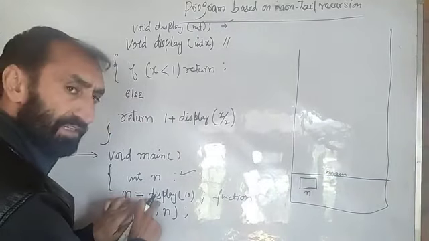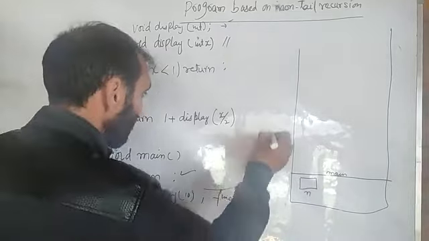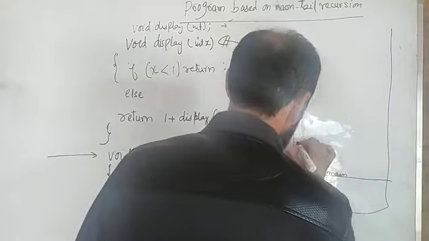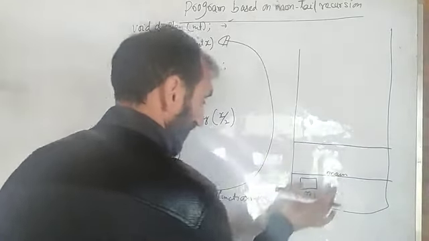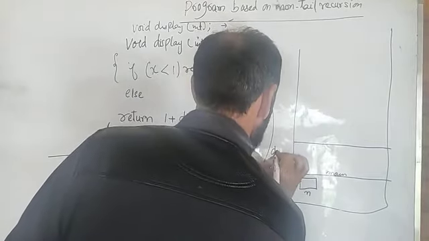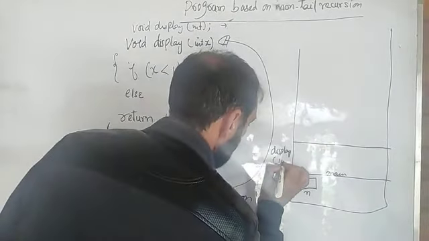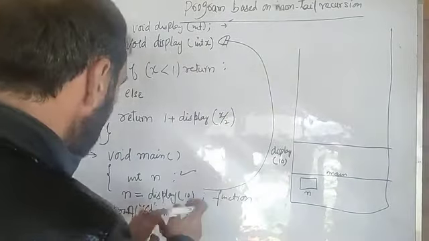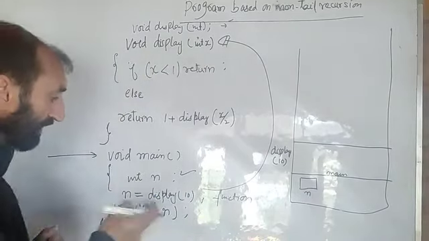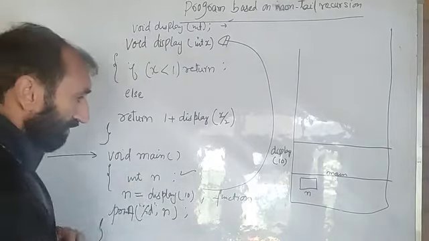Because main is calling the function display, the control will reach here. Obviously, a stack memory will be allocated for this display function as well. Display 10 has been passed as an argument by the main function to display.